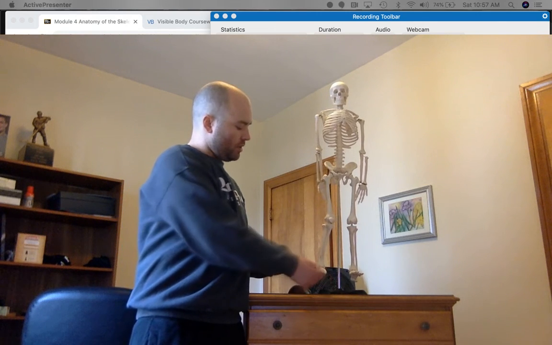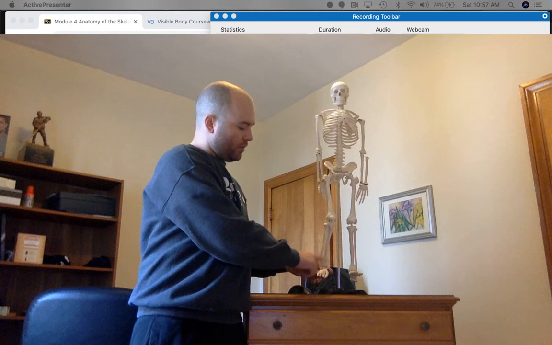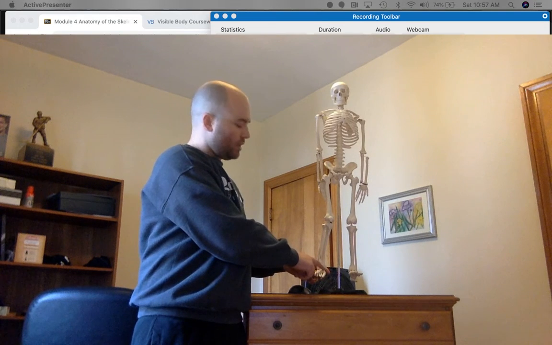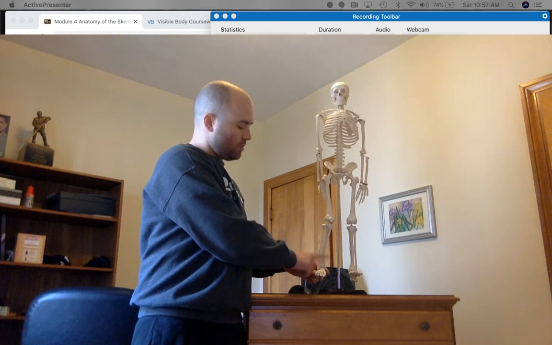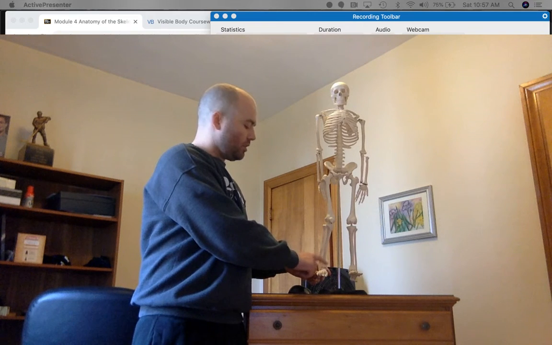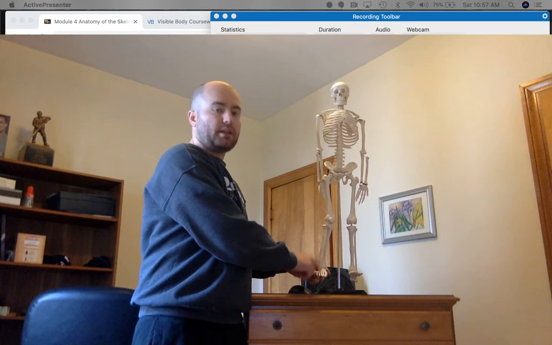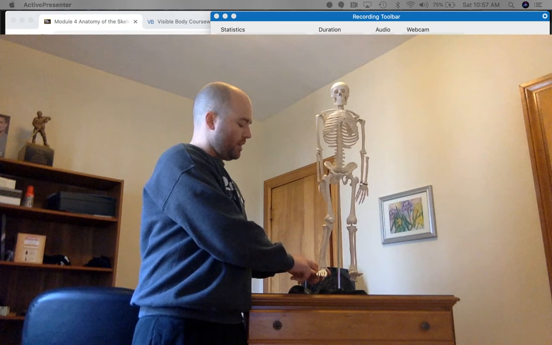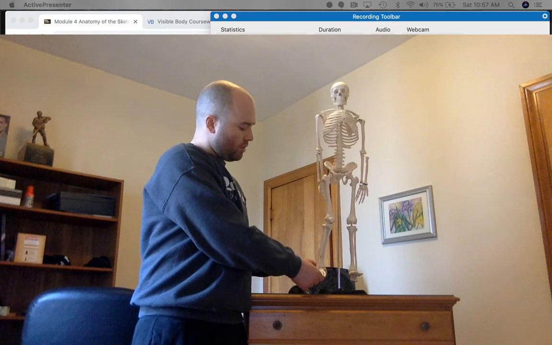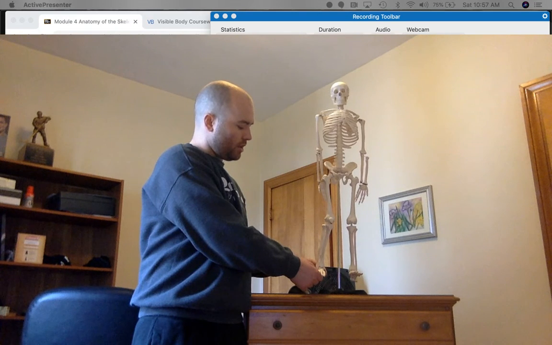Then the other tarsal bones, moving from medial to lateral, so medial and more proximal, we have the navicular. And then just distal to the navicular, we have the medial, middle, and lateral cuneiforms. And then most lateral of the tarsal bones, we have the cuboid.